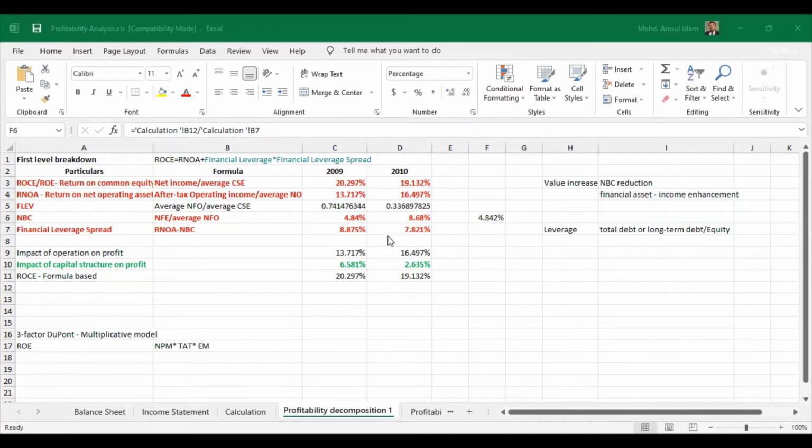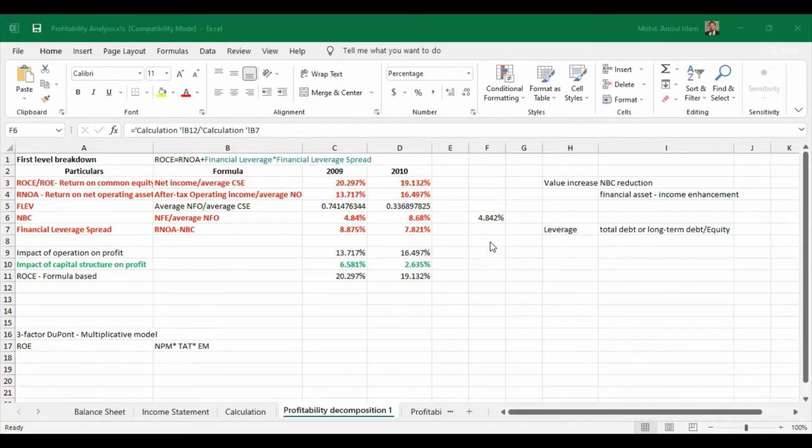Okay, fine. Now the follow-up question. For 100 taka net financial obligations, how much cost am I incurring after tax? 4.842 taka.